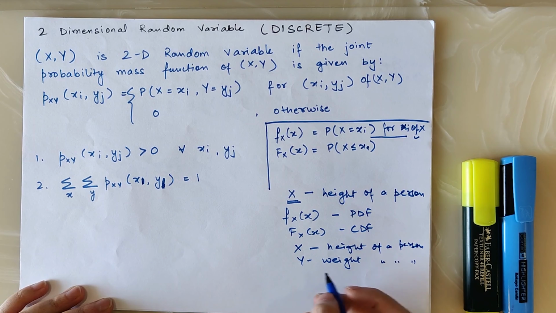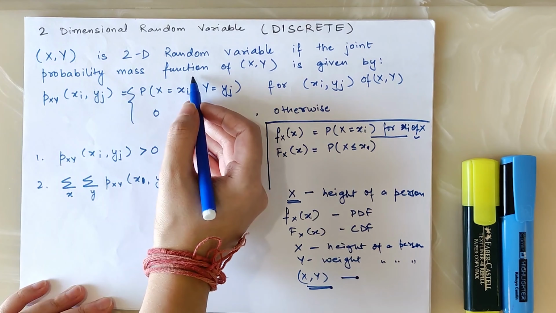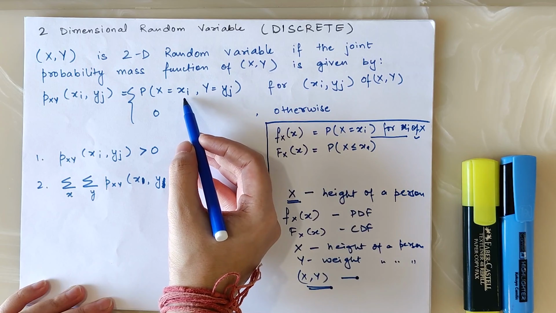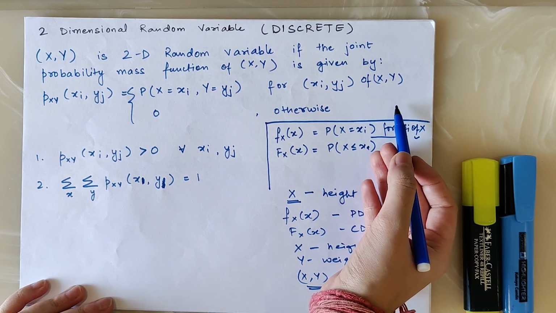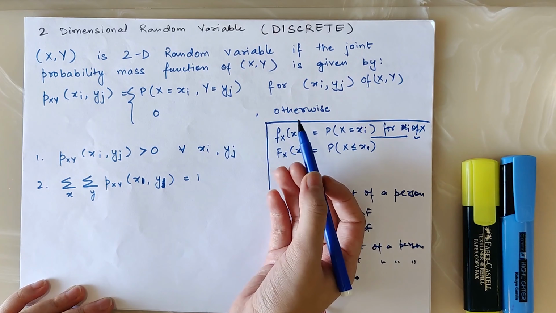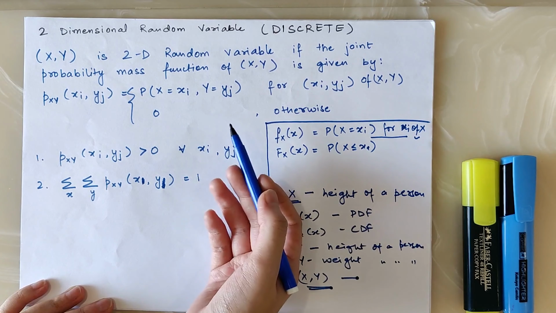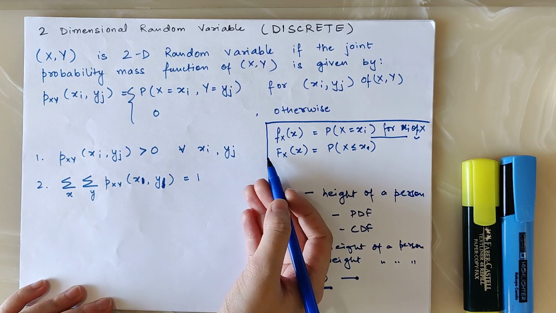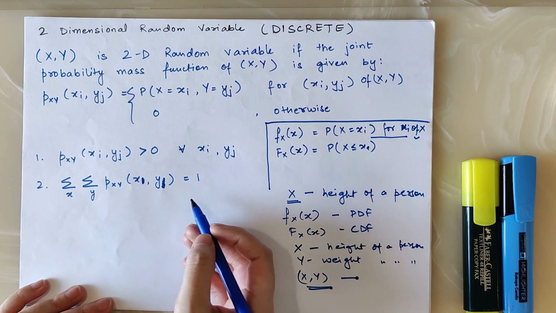So this means that x and y are two random variables jointly distributed with probability mass function given by probability x is equal to xi and y is equal to yj for (xi, yj) of (x, y), and 0 otherwise. Some of the properties for the joint distribution of two random variables are: pxy is greater than 0 for every x and y, and the summation of pxy over x and y is equal to 1.